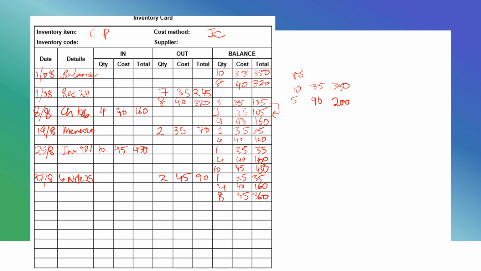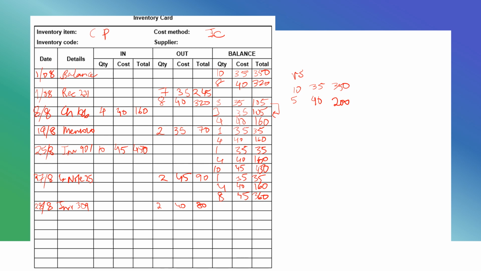Okay, what's next? 28. Sold 6 cans of paint, identified 2 at 40, remainder at 45. Information that's given to us. So it tells you 2 at 40, remainder at 45.